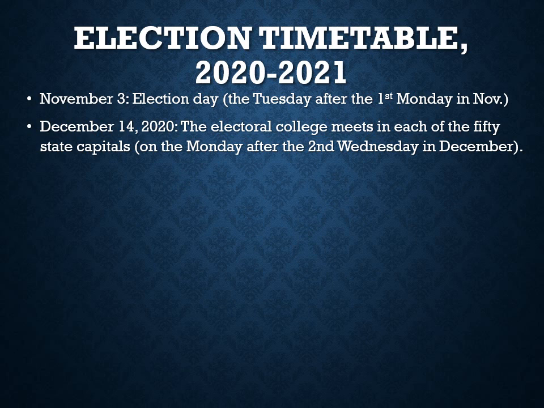Now, whichever candidate wins, as certified by state elections officials, the electors chosen by that candidate's campaign will meet in the state capitol. So in Lansing on December 14th, the electors representing the winning candidate will meet and almost certainly cast all of their votes for that candidate.